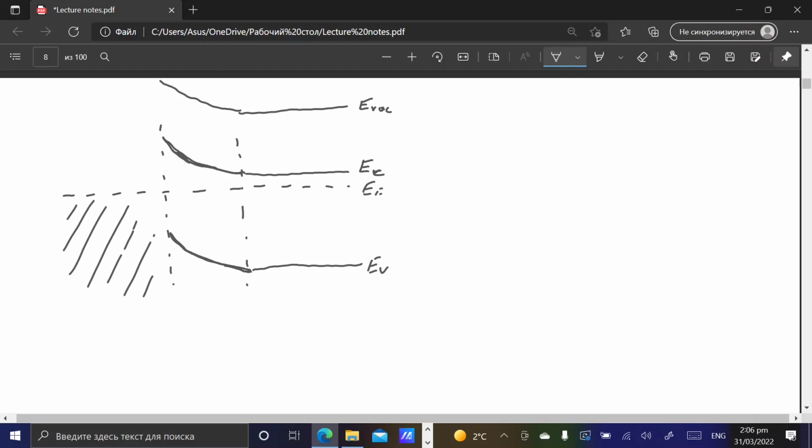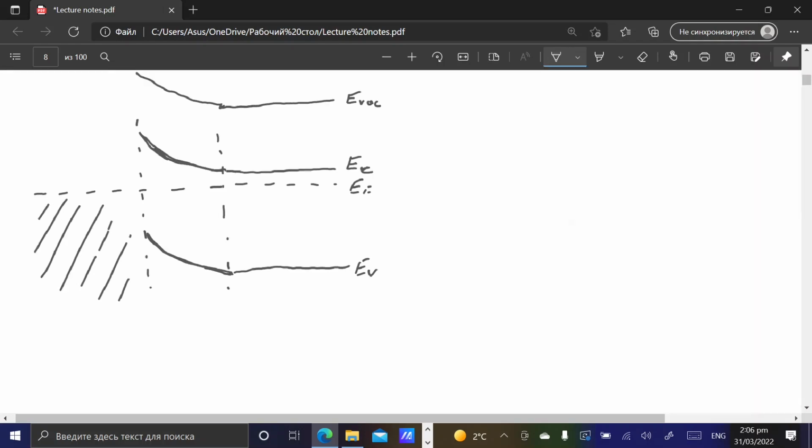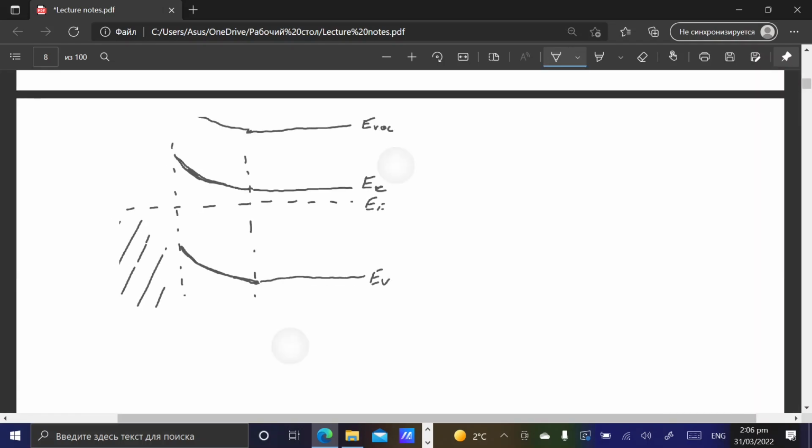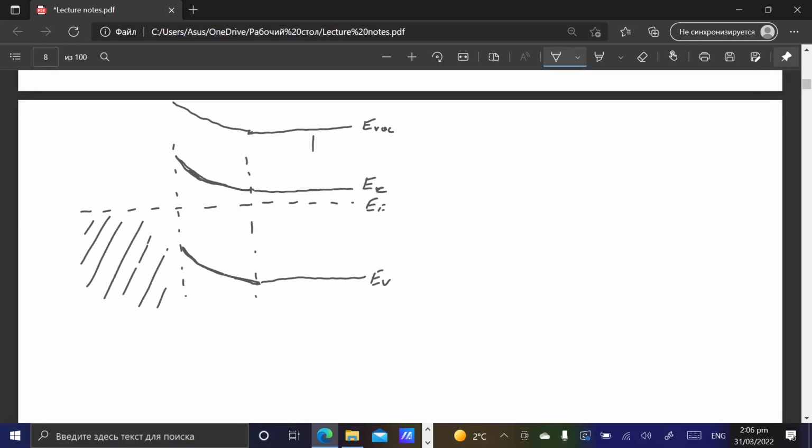So in order to finish with this vacuum level, why do we have band bending of vacuum level? Because intuitively it may sound not reasonable, because vacuum level is vacuum level, why should it change. But it should change because, as I said, the affinity to electron is the fundamental property of the material.